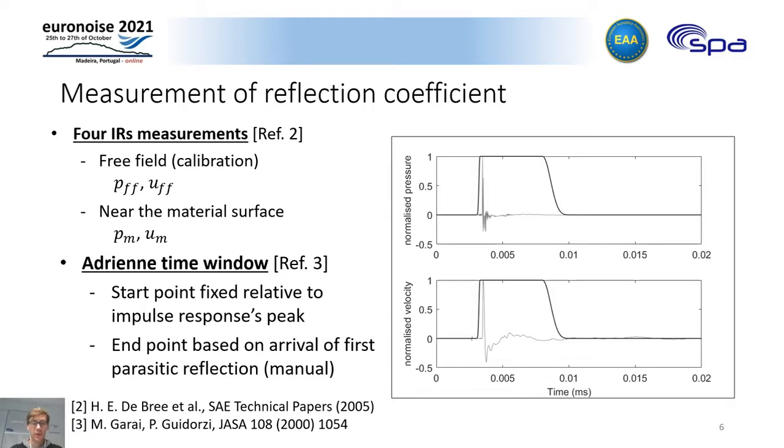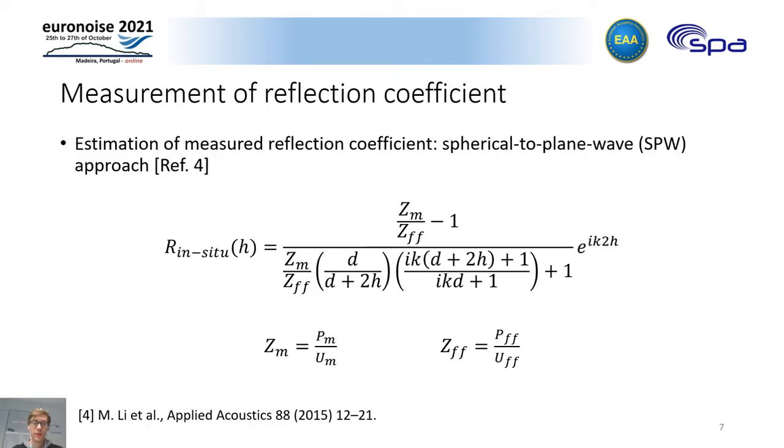Now we have 4 impulse responses, and we can window them in order to remove the parasitic reflections. For that, we use the Adrienne time window, which is a very handy time window to remove parasitic reflections from impulse responses. From these 4 impulse responses, we can compute the impedance in free field and the impedance near the surface of the material.